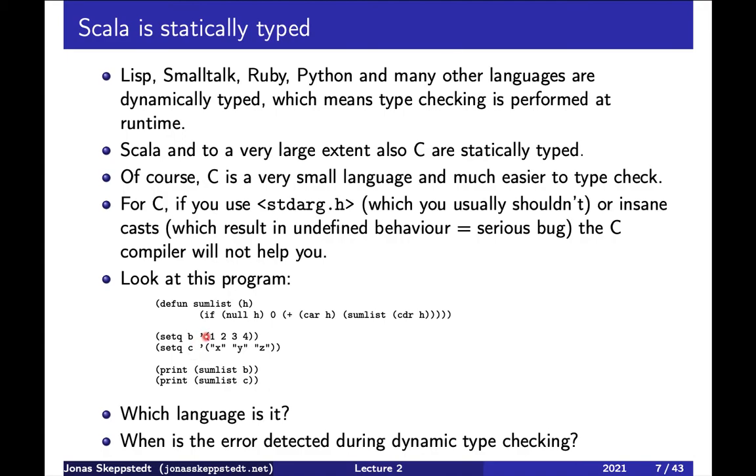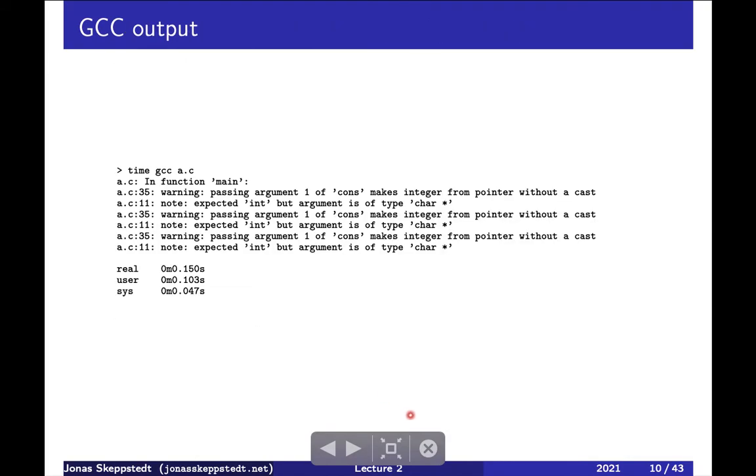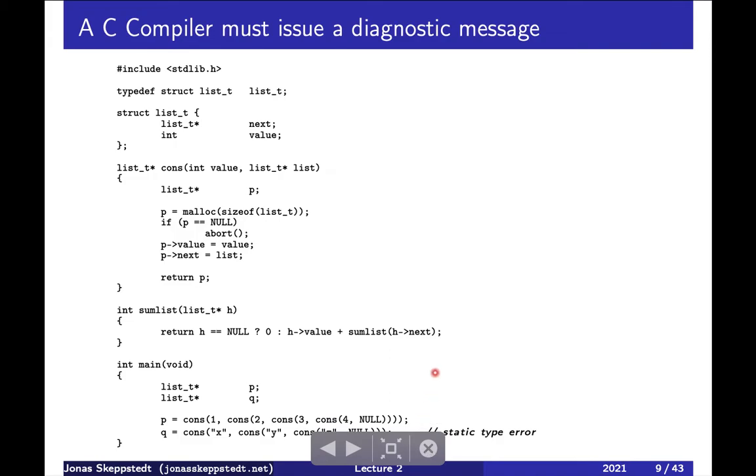So we can create the same list in C as we did in Lisp, like that. And then when we compile it, the compiler will complain that there is a static type error.